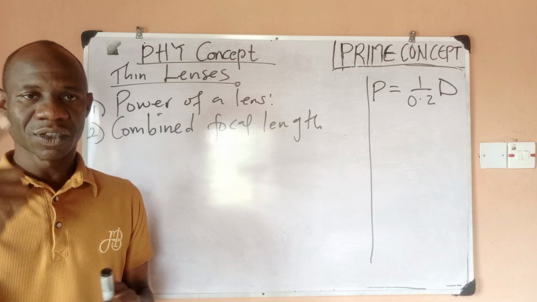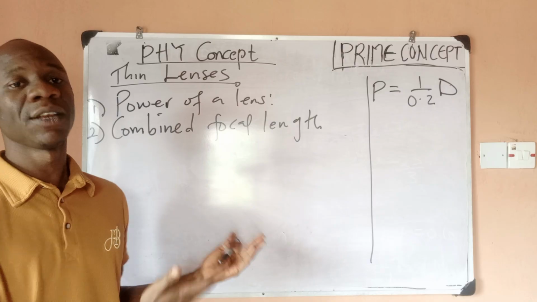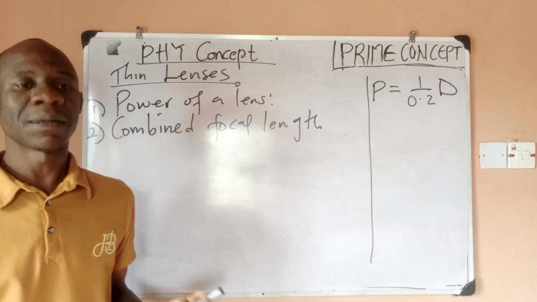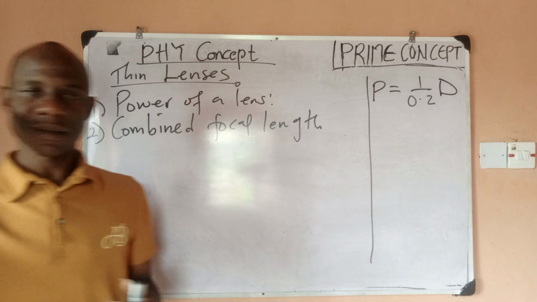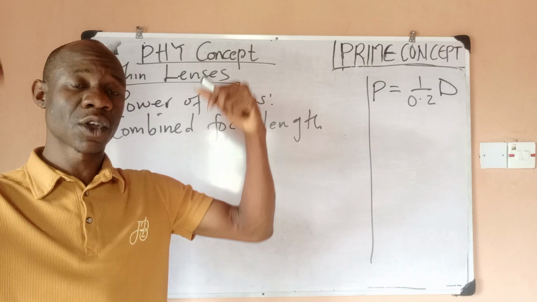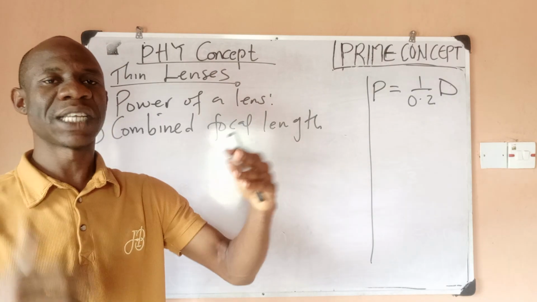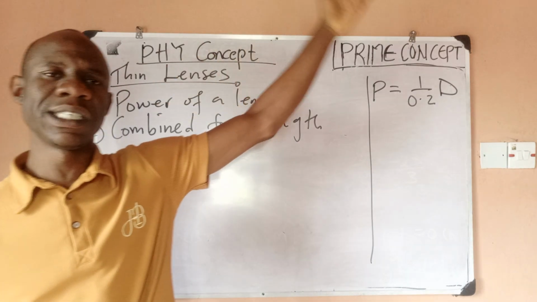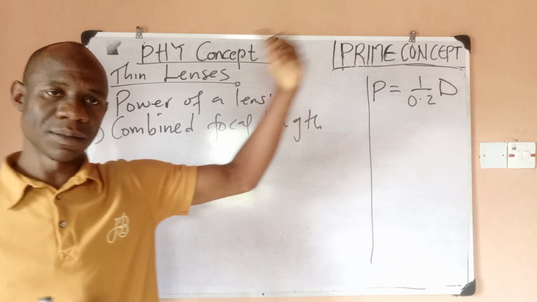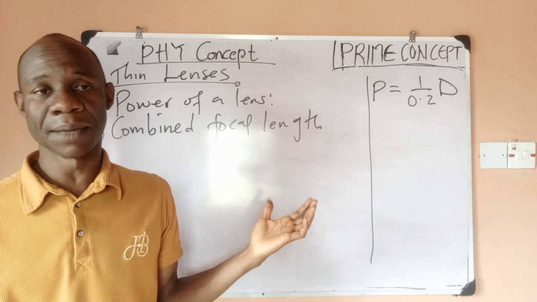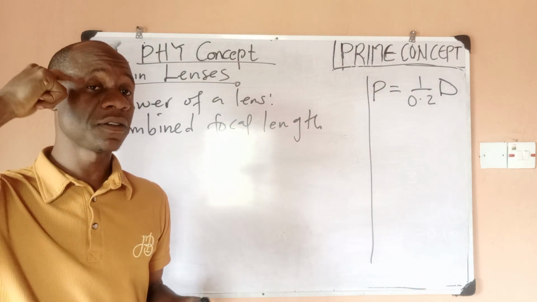Astigmatism cannot be corrected with your convex alone or your concave, right? Astigmatism simply means that the person may not be able to see something far and something close clearly at the same time.